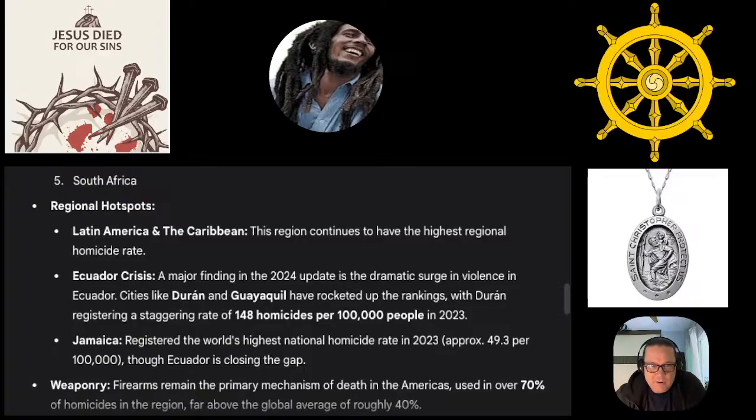I've heard of Ecuador, but I've never heard of that city. I'm definitely not going to put that on my calendar, with 148 homicides per 100,000 people in 2023. I mean, is there even a war going on over there?